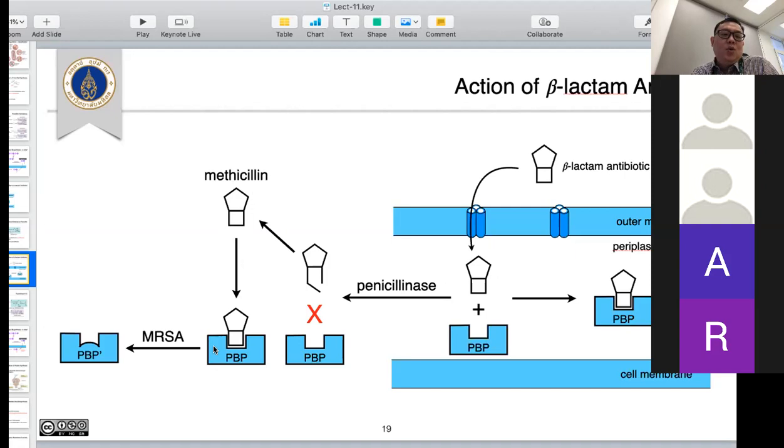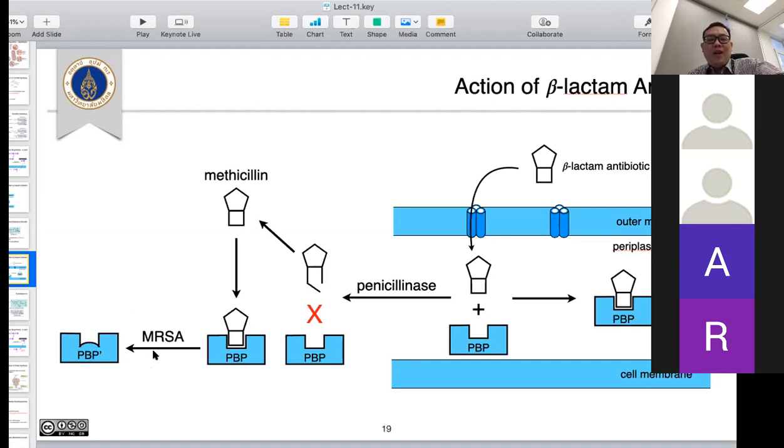mutate to change PBP itself, not penicillinase. Changing PBP makes the active site change. Methicillin cannot bind to PBP, but this is very serious. We call these bacteria, particularly Staphylococcus aureus, MRSA, methicillin-resistant Staphylococcus aureus.